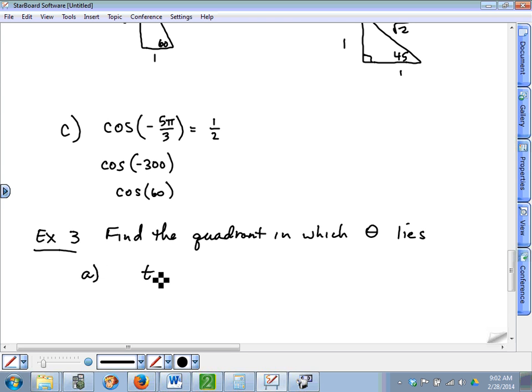So for part A, if the tangent of theta is negative, meaning less than 0, and the sine of theta is negative, where would theta be? In the fourth quadrant.